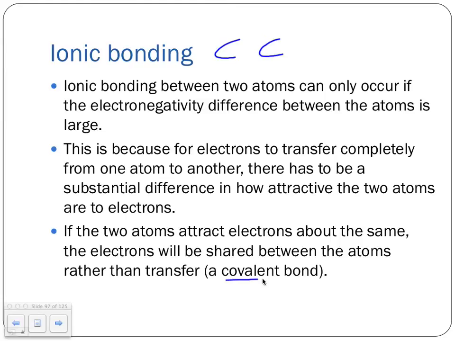And so they'll be shared, which is a covalent bond, versus ionic bonds, which are a complete transfer. Those electrons have jumped from one atom completely to a different atom. They are no longer associated with that first atom anymore. But in a covalent bond, they just share. They are associated with both of the atoms at the same time.